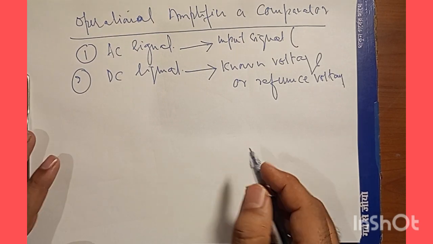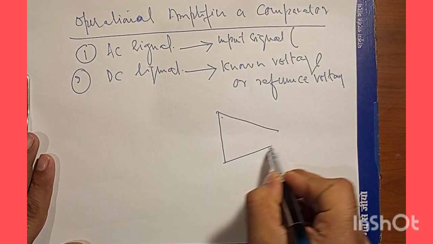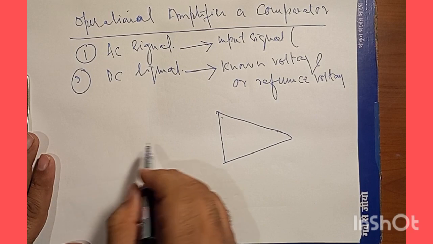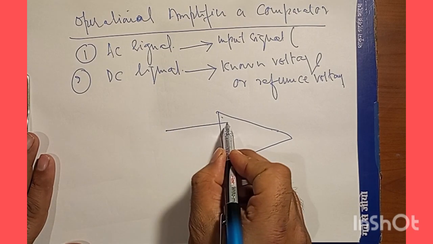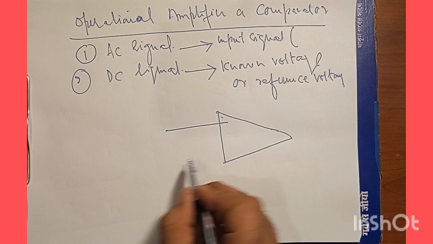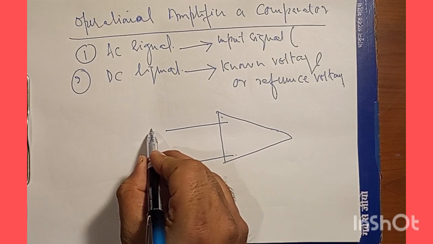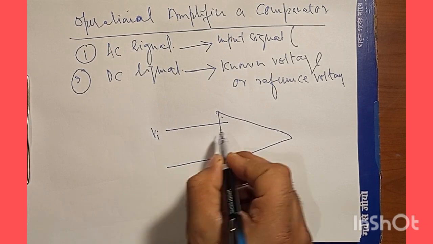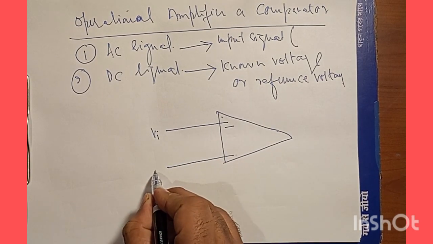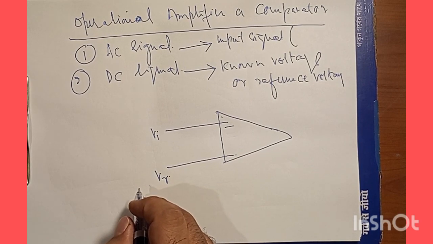Now, if I look at a simple operational amplifier, it has two terminals, and this is VI, say for example, and this is VR.